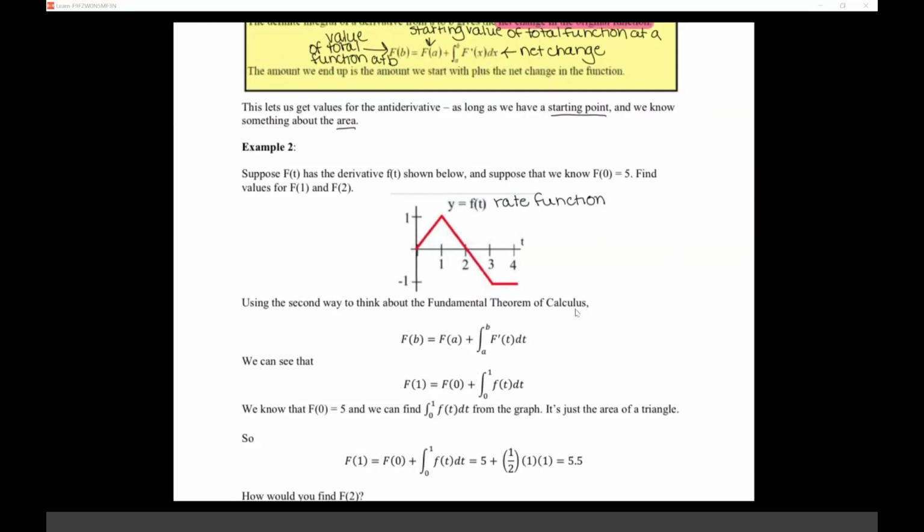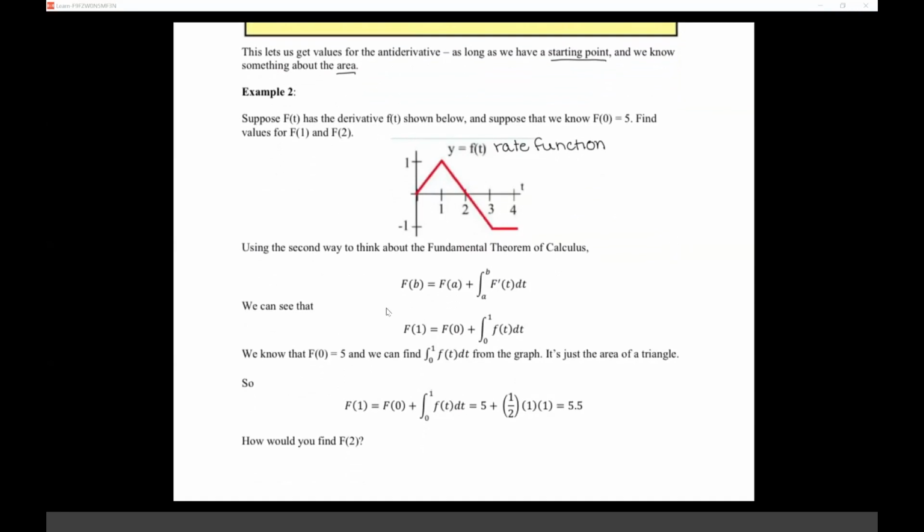So we're going to use the second way to think about the fundamental theorem. Okay, we're going to start with f of 1, okay? And we're going to say that's f of 0 plus the integral of the rate function from 0 to 1. So that much. Okay, remember they said we could do this as long as we had some starting values and we knew something about area. Okay, well, if you look at what I just shaded in pink, what I just shaded in pink is a triangle.